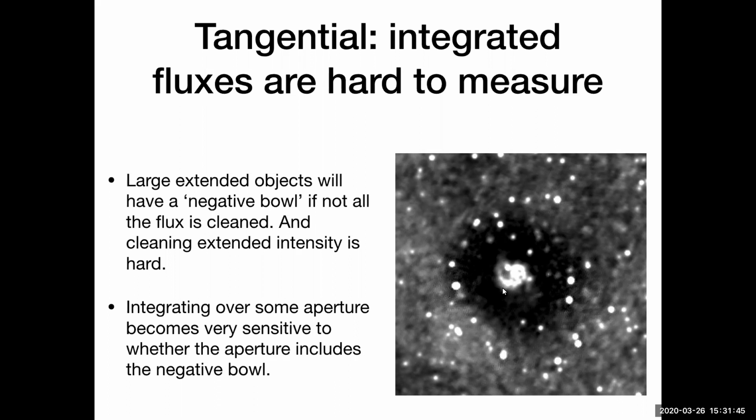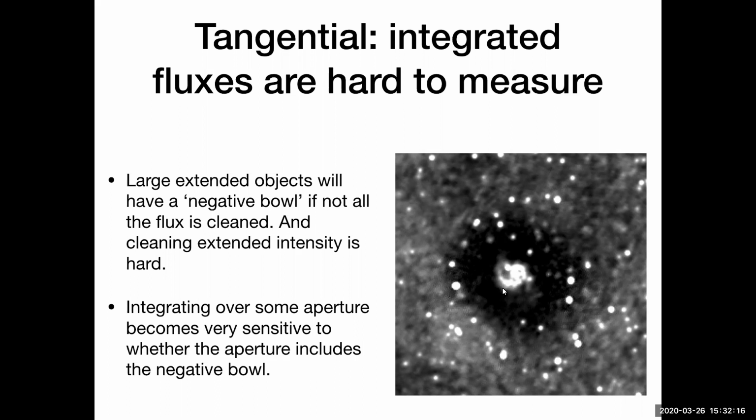And so you can imagine trying to measure the integrated flux if you just draw a circle around it and add up all the pixels. Suddenly it's very dependent on where you put that circle. If your circle starts to extend into the negative bowl, you're adding negative pixels into your integral. And so it becomes a really tricky thing to measure accurately.